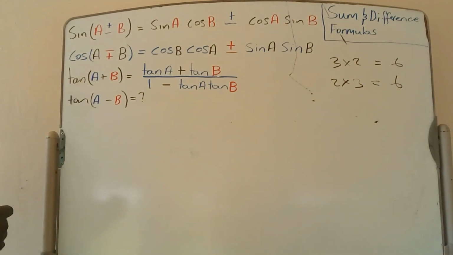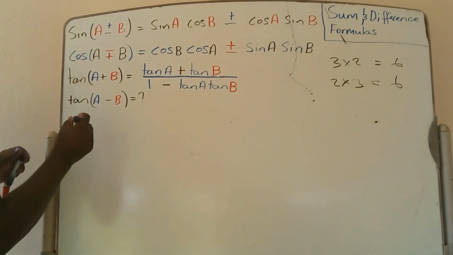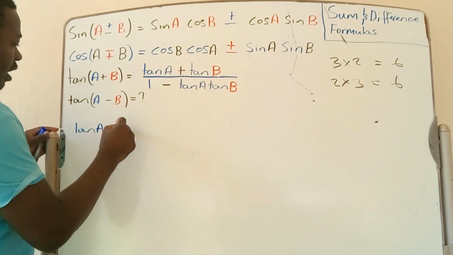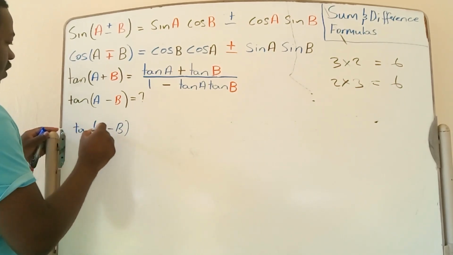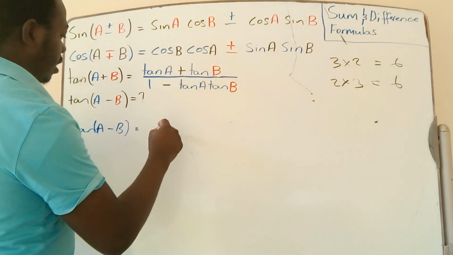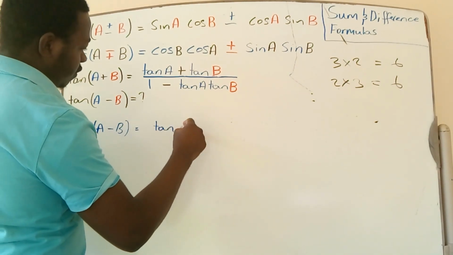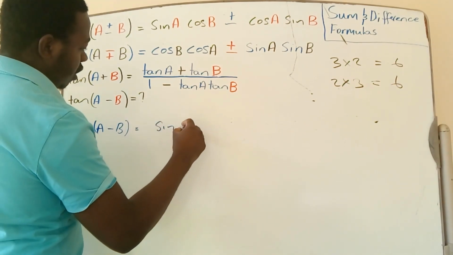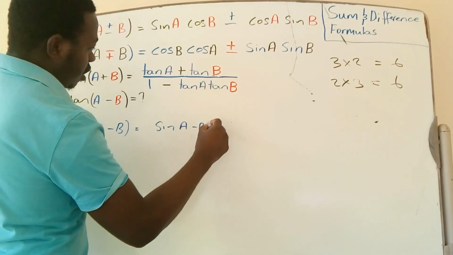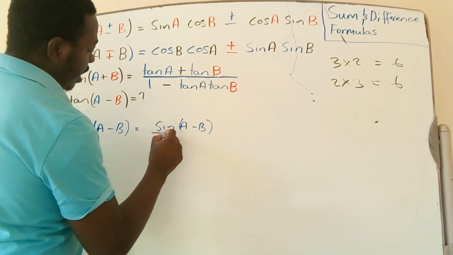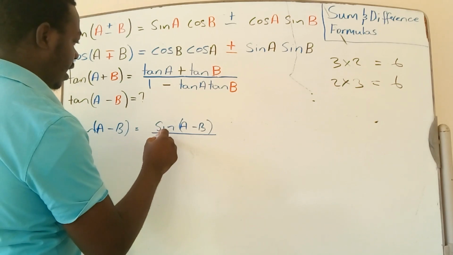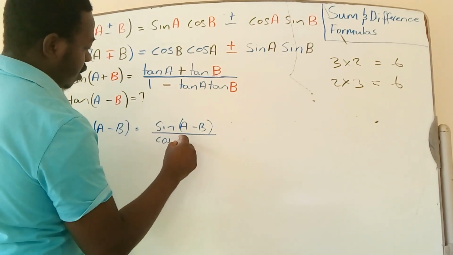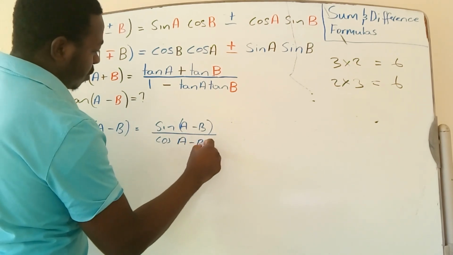Now, you would have known that tan of A minus B is the same thing as sine of A minus B, all of that divided by cos of A minus B, right?